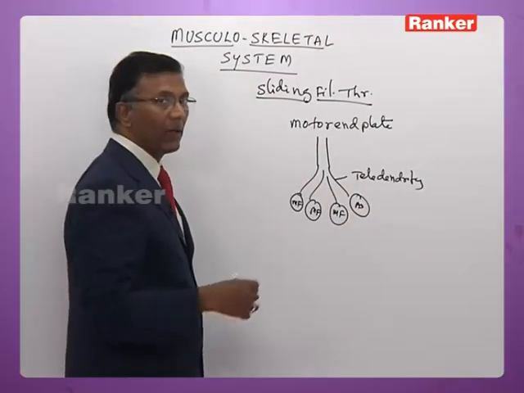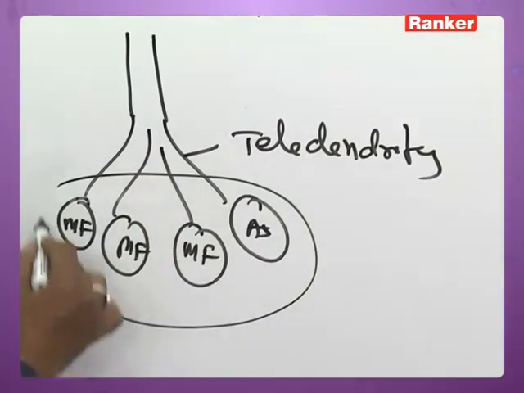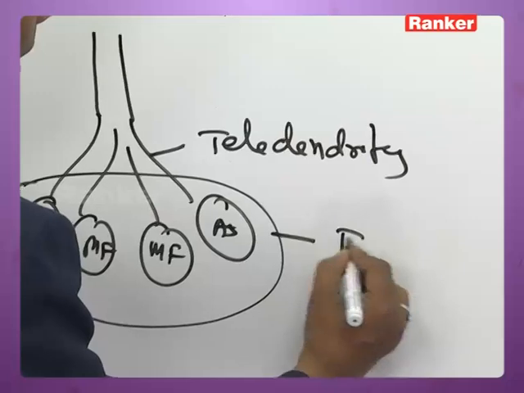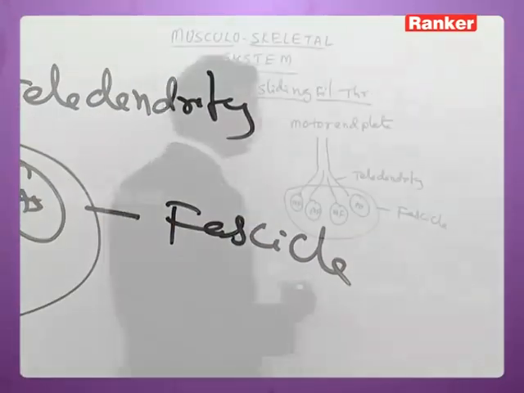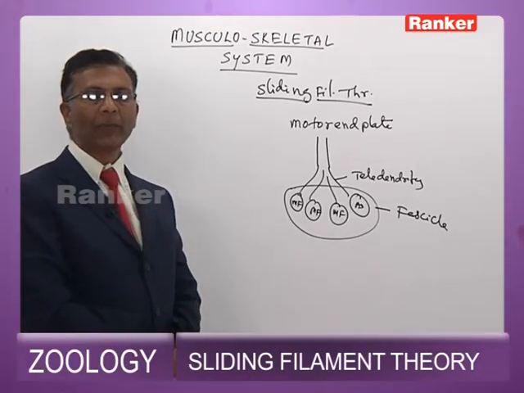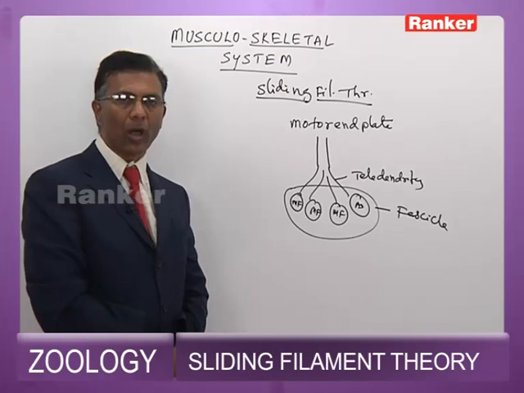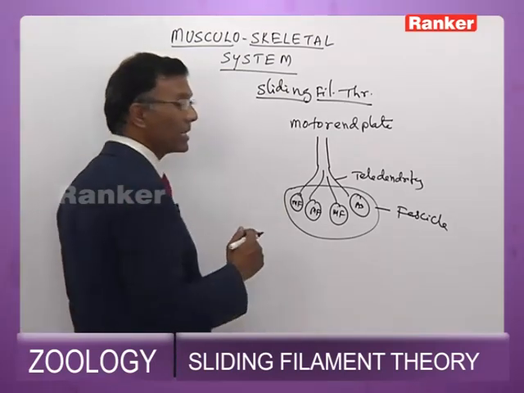All these muscle fibers put together may form a bundle. As we learnt already, a bundle of muscle fibers is called a fascicle. Each fascicle is under the control of one motor neuron, where each telodendrite penetrates into a muscle fiber.